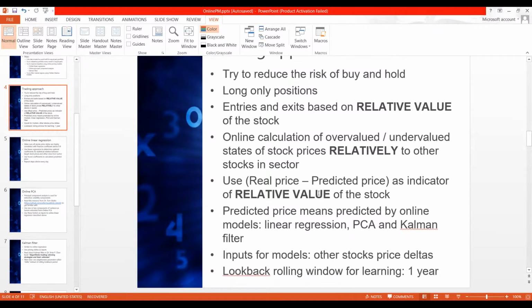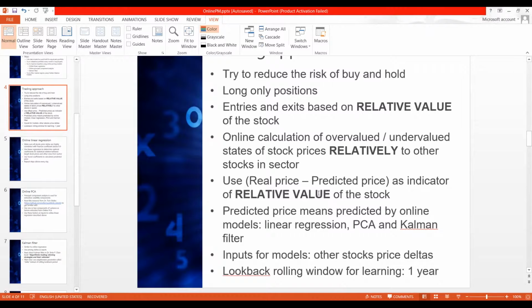It's deltas, so price returns of other stocks in the sector. We have a target stock, whose return we want to predict, and other stocks. So the inputs for regression were just price deltas for other stocks. All the details you can find in my EPAT project, because it's not as simple as I now described.